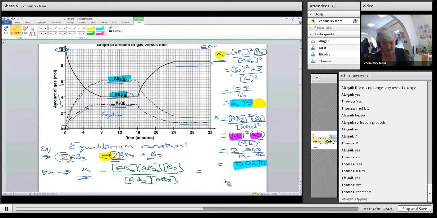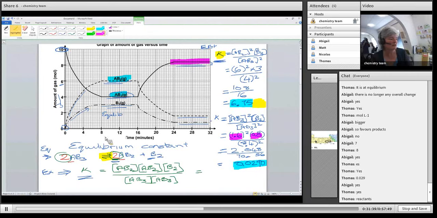So the reactants have been favored, correct, because we can actually sort of see we've got a lot more of the AB3 being formed. Okay, so we know that the equilibrium position has shifted towards the left to form more reactants. So just based on what we did 2 weeks ago with Le Chatelier, is this reaction exothermic or endothermic?